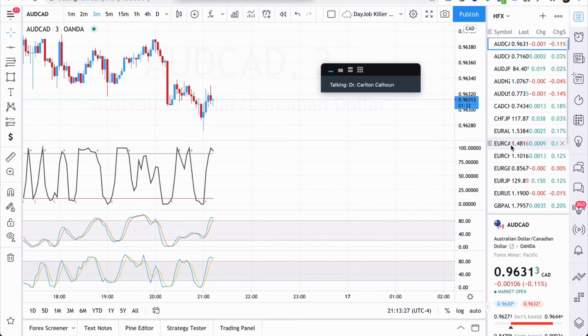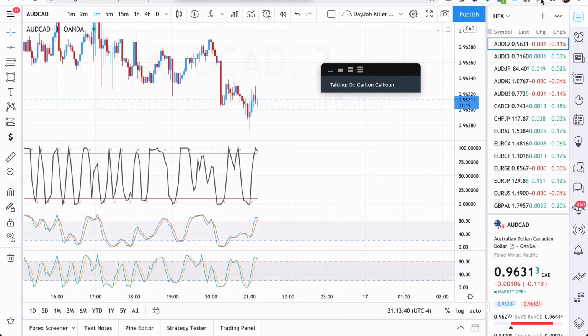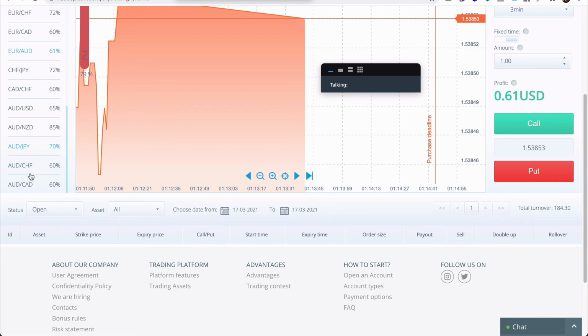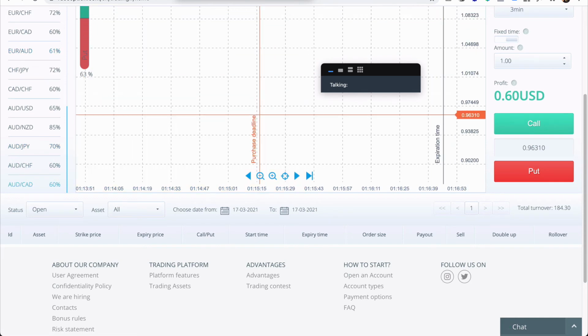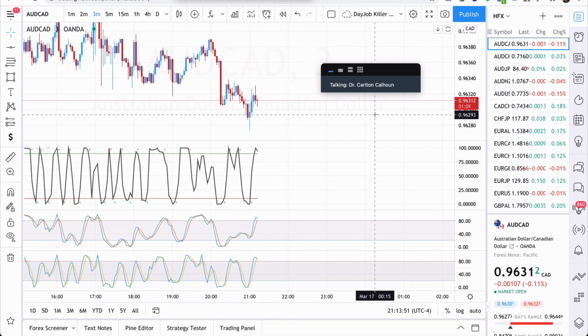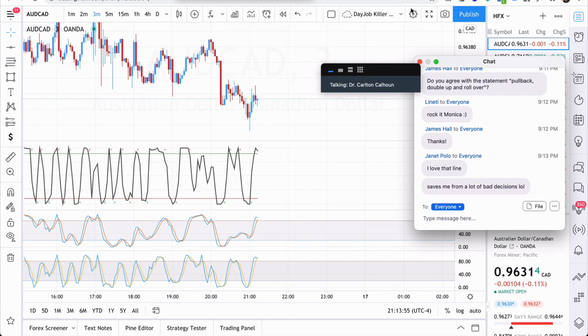AUD CAD setting up for a put. Let me see. If I get a P on AUD CAD, that's one I would take for a put.